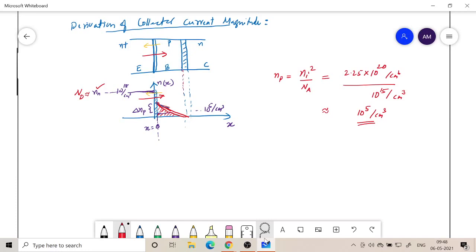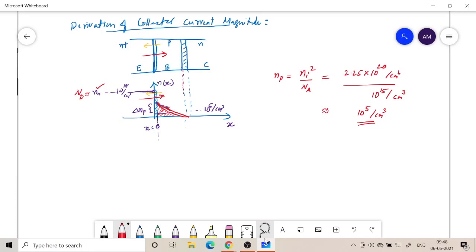We are talking about 1/100th of them leaving to the other side, so 99 of them are staying here, or you can even say 1,000th of them leaving, and so it is hardly affected. The concentration of electrons in the emitter region is going to be hardly affected by the diffusion of the electrons into the base side.